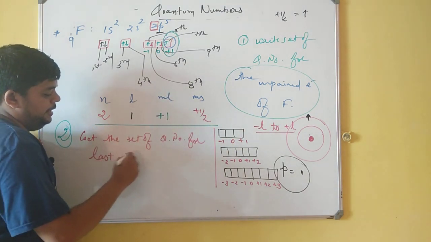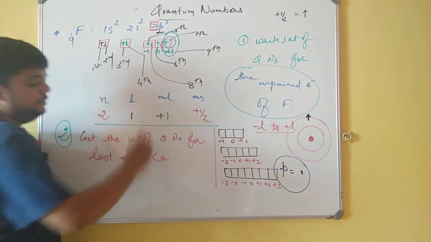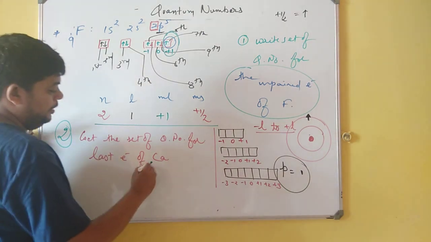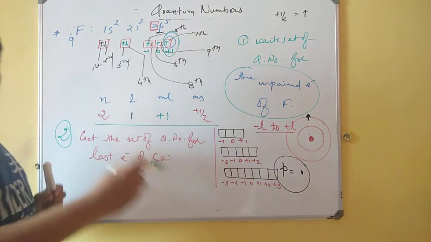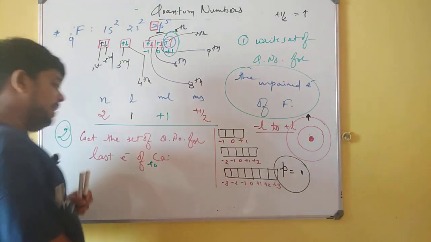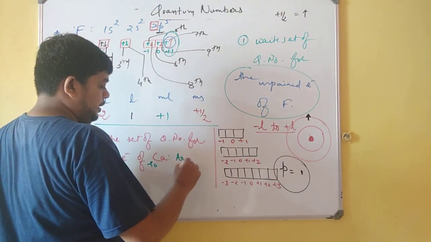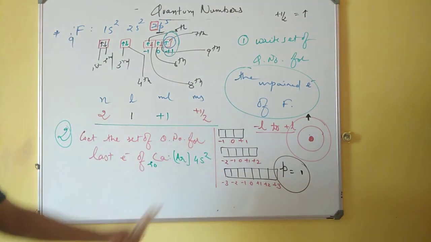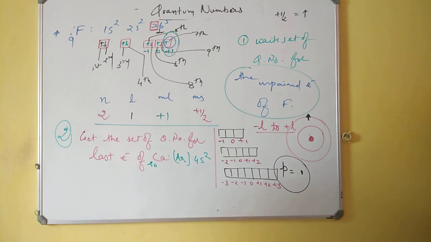the last electron of calcium. We very well know regarding calcium, it is 1s2, 2s2, 2p6, 3s2, 3p6, 4s2. But we can write argon 4s2 because these are the inner shell electrons.